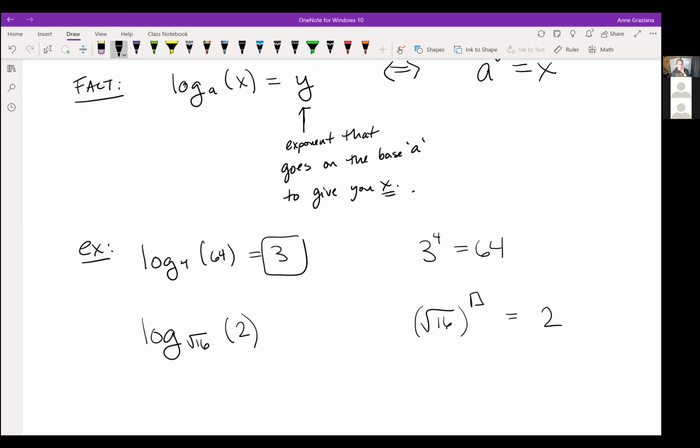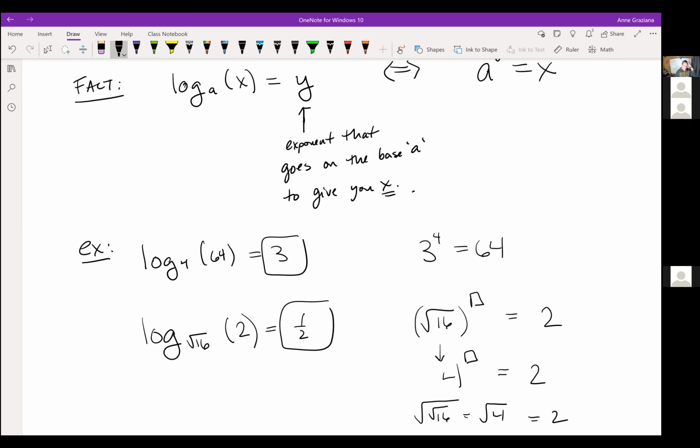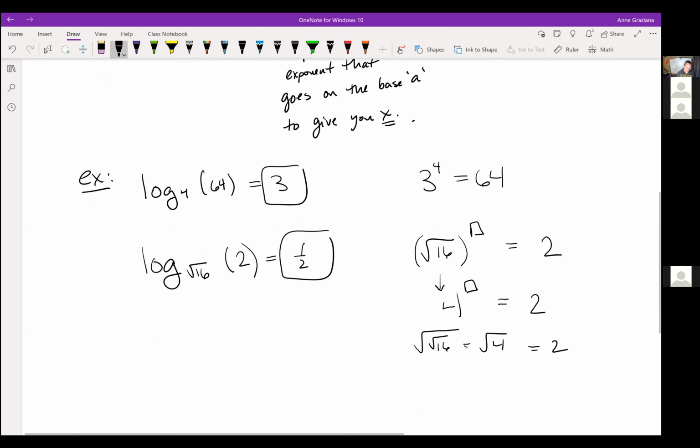Well, first of all, what is square root of 16? 4. So 4 to what power will give you 2? 1/2. A half. So if you took the square root of the square root of 16, that's the square root of 4, which is 2. That one was a little more challenging, but you get the point. This is the exponent that goes on the base that will give you the input.